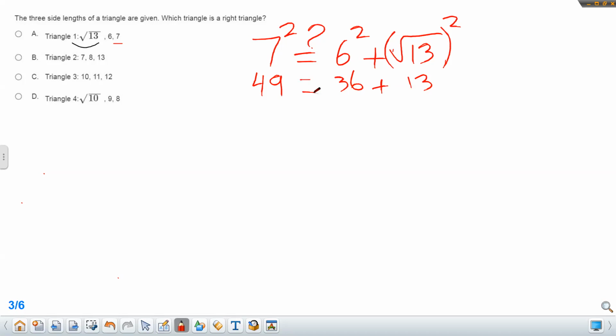So if the square of the greatest side of a triangle equals the sum of squares of the other two sides, this triangle is right. So what's the correct answer? The correct answer is letter A, because 7 power 2 equals 6 power 2 plus root 13 power 2.